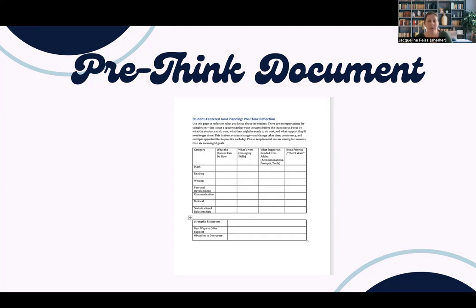We are focused on what the student can do now, what might be next for the student, what support is needed from adults, accommodations, prompts, or tools, and what do we not want? Again, not everyone needs to comment on every category, and there is no expectation that you do this whole thing. It's just what you feel strongly about, what you have that you'd like to comment on.